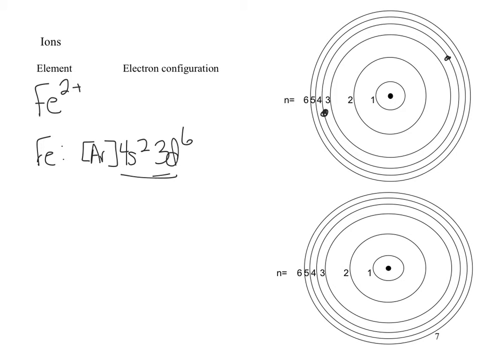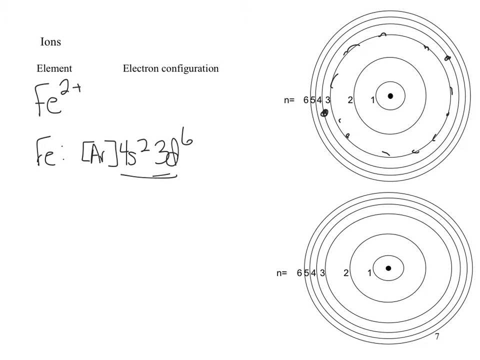In the 3rd level, the S and the P were full because that was on that previous row, and then I've got 6 in the D. So I have a whole bunch of electrons in that 3rd level as well. I'm not going to draw all of them, but let's just say it's a whole bunch of electrons.